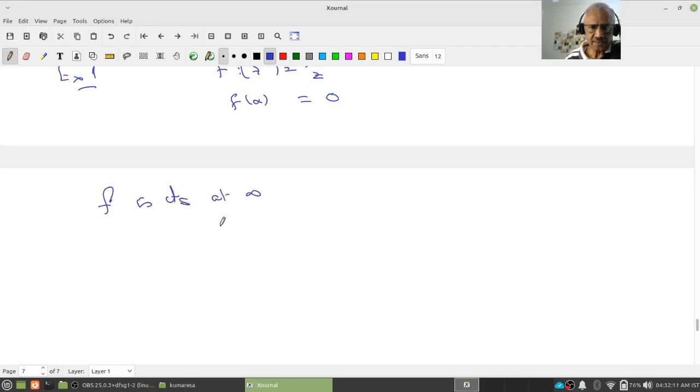What does it say? It simply said look at f composite phi whether it is continuous. Okay, what is the unique point which corresponds to infinity under phi? It is 0. Therefore whether this is continuous at 0, this is a question, right? But what is f composite phi of z?